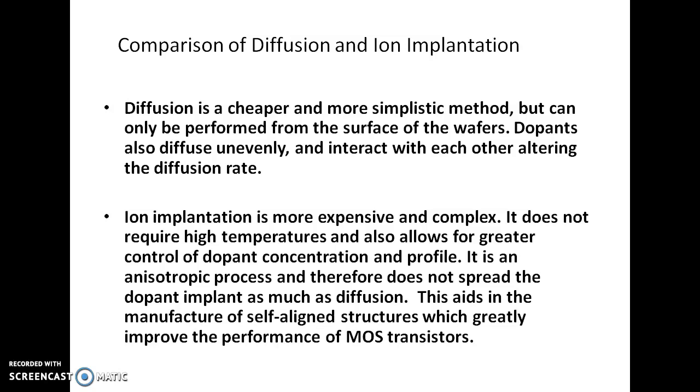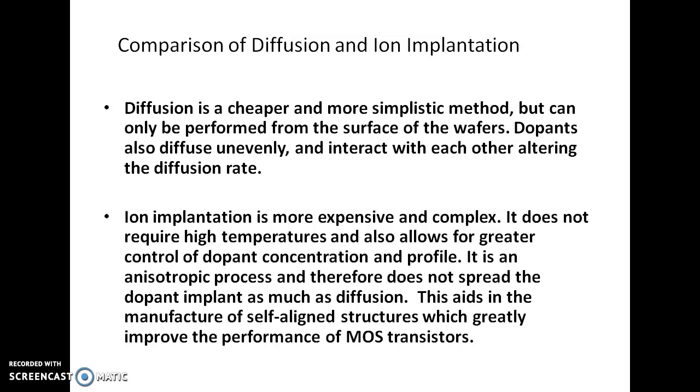Whereas ion implantation is more expensive and complex, it does not require high temperatures and it allows for greater control of dopant concentration and profile. It is an anisotropic process, due to which very deep implantation is possible. Whenever we go for self-aligned structures in MOSFETs, we prefer ion implantation.